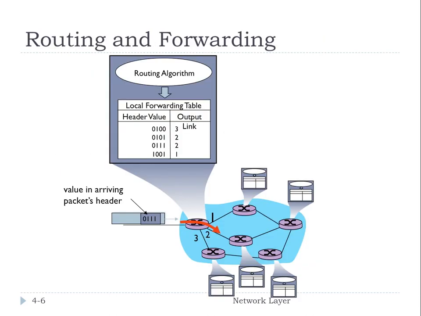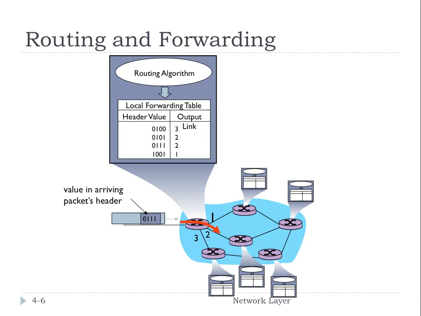Routing and forwarding meet in a router. The router has a local forwarding table that's going to examine the header value from some packet to determine its destination address. And it's going to look up that header value in this forwarding table and send the packet on the appropriate outgoing link. How does the forwarding table get created?